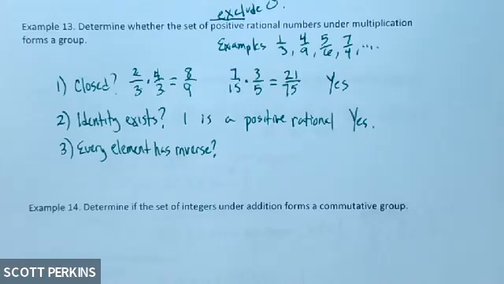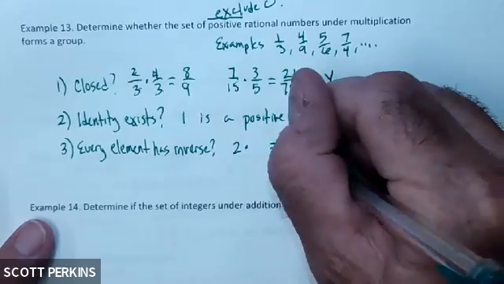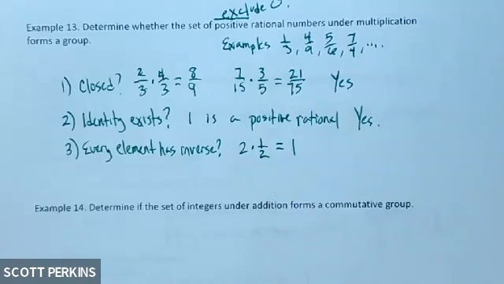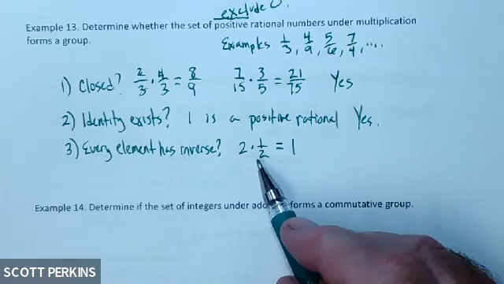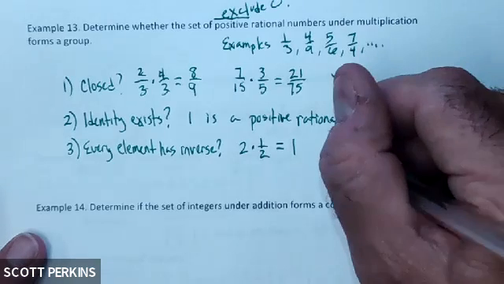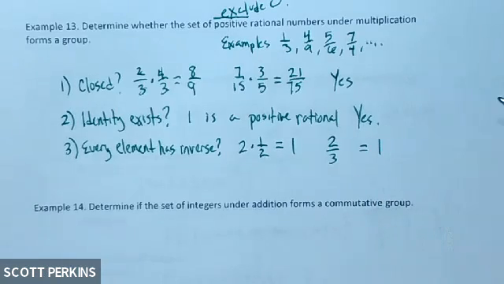So every element has an inverse. Let me pull out that example from earlier. I said 2 times what gives us the identity of 1, and the answer was a half, which is also the reciprocal. Are both of these numbers positive fractions? Yes. So give me another positive fraction. 2/3. What would I multiply 2/3 by to get 1? You already gave the reciprocal.